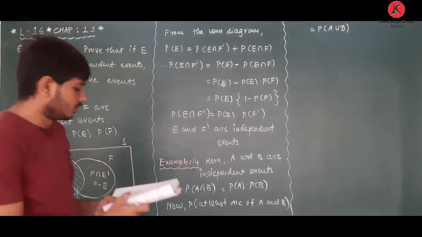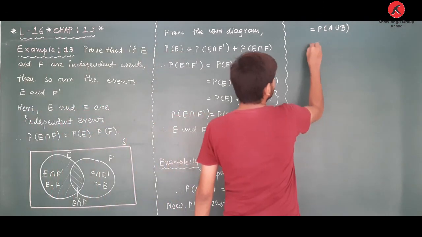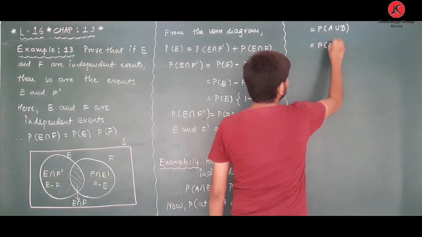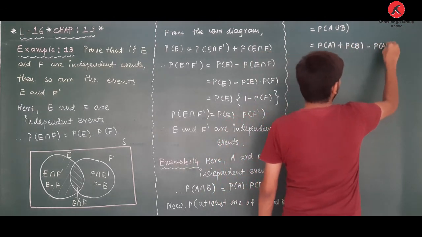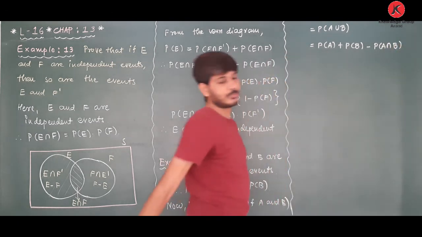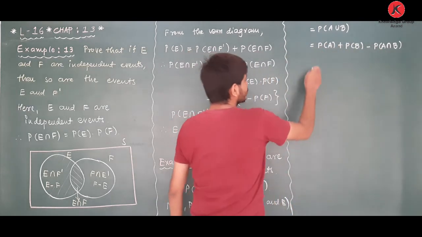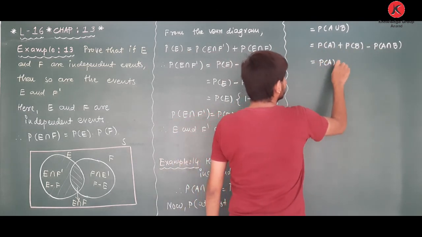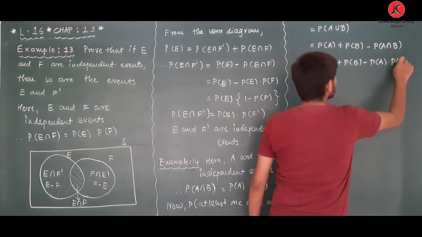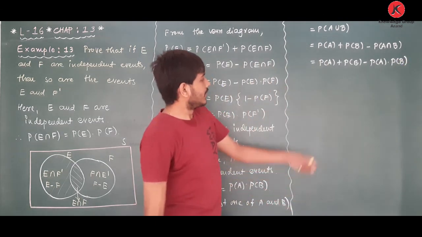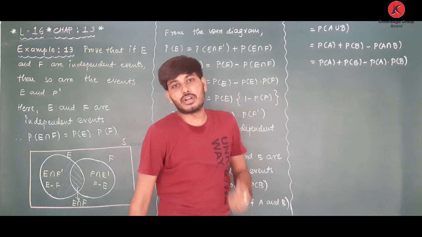And now we know the formula for the probability of A union B, which equals probability of A plus probability of B minus probability of A intersection B. And with the independence condition, this equals probability of A plus P of B minus probability of A into probability of B. Now we can take probability of B common from these two.